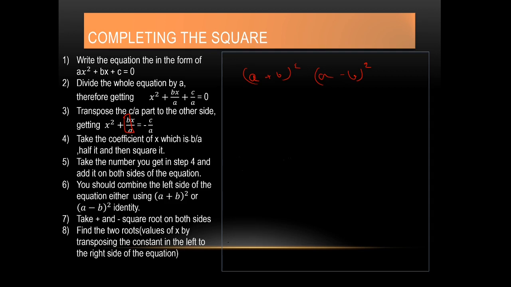So take that number, halve it and square it, then add it on both sides. Then you can use the a plus b whole square or the a minus b whole square identity and take square roots on both sides and you can find the values.